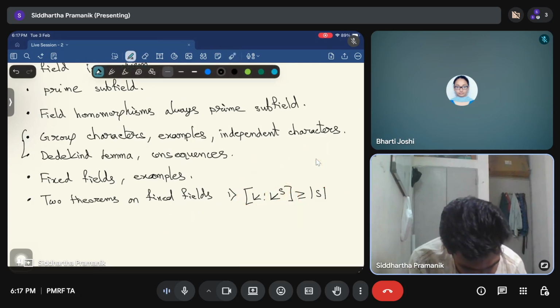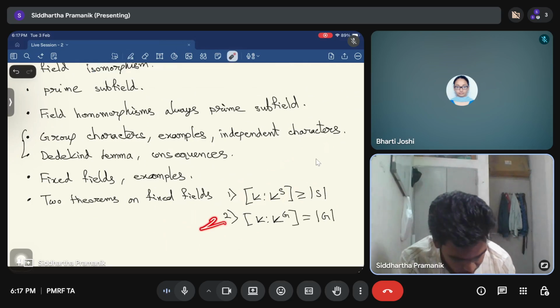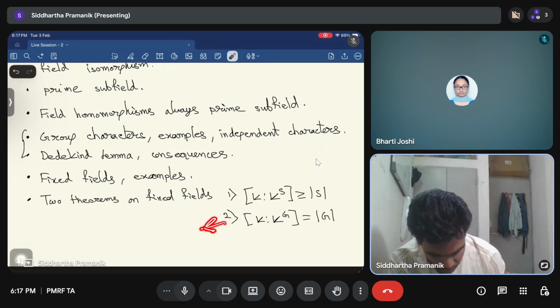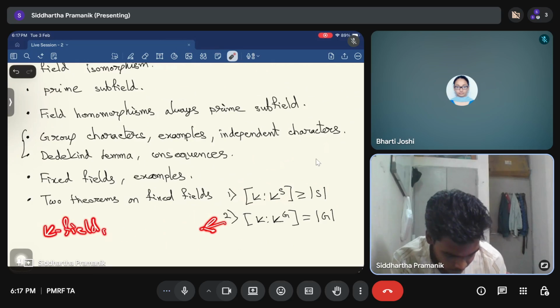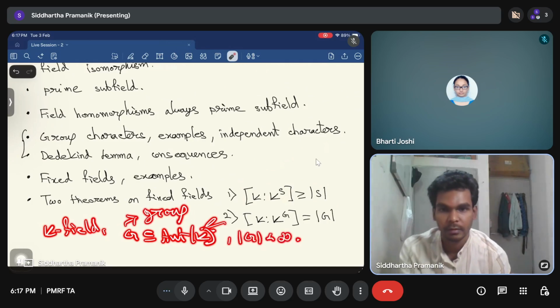And the second one is that the degree of the extension K over K^G has to be equal to the cardinality of the group. So what is this? K is a field, G is a group of automorphisms, and the cardinality of G is finite, right?